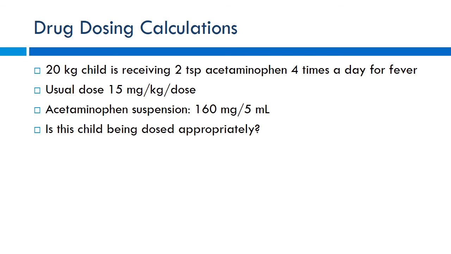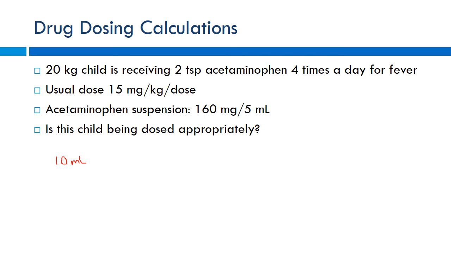Okay, so some of the questions you have to ask is, based on what the kid's getting, and we see the dose he's getting is 2 teaspoons of acetaminophen 4 times a day. We said a teaspoon is 5 mLs, so we know the child's getting 10 mLs per dose. And we can see that the suspension is coming as 160 milligrams per 5 mLs.